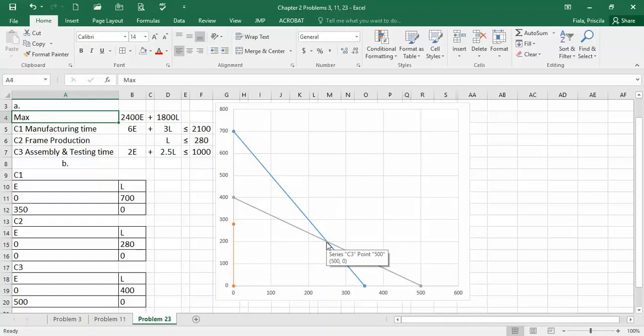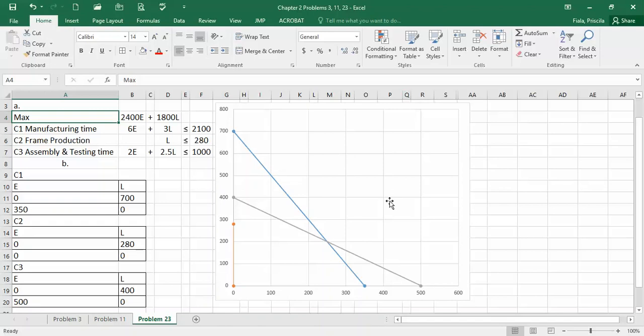If you just eyeball it, you're going to see that it's about 200, and if you go down here, it's about, I would say, 250. Yeah, it seems to be right in the middle. I would say that your optimal value would be about 200, 250. But again, graphs are never exact, so unless you calculate and evaluate each constraint, you cannot confirm that.